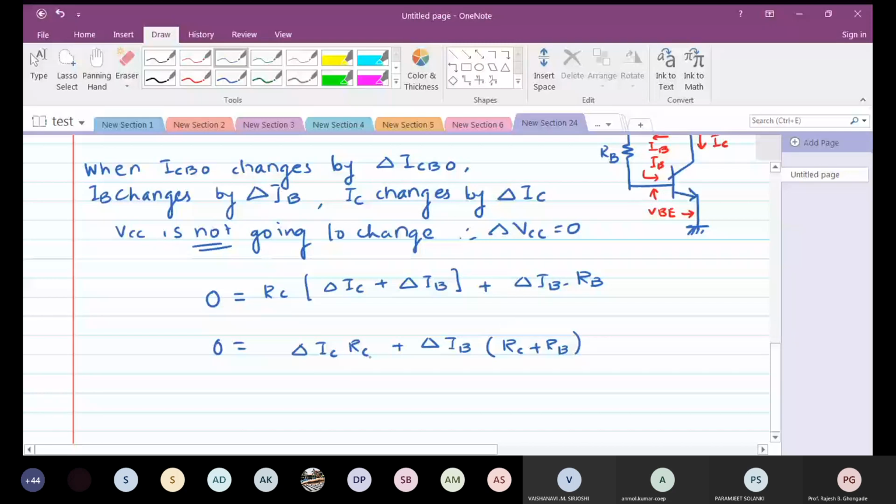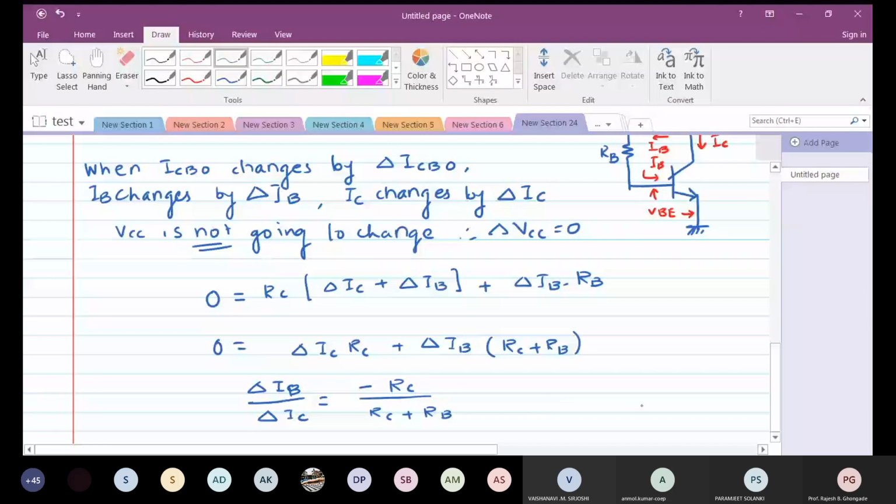Now I'll be in a position to find out delta IB over delta IC. So what is going to be the value for delta IB over delta IC? I'm going to get this as minus RC divided by RC plus RB.